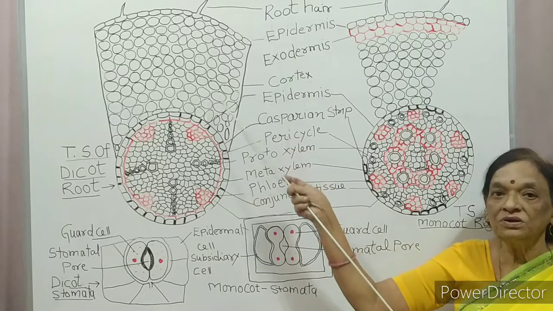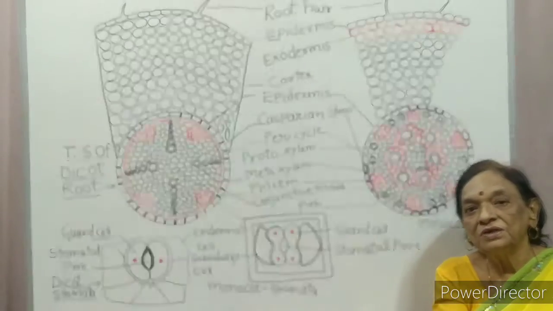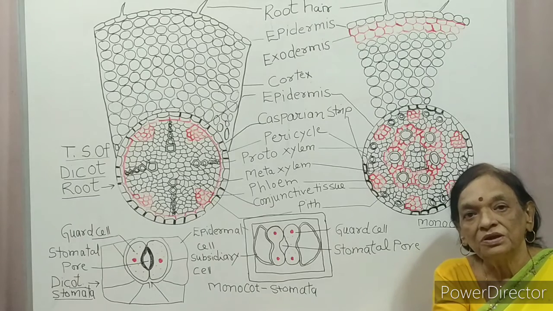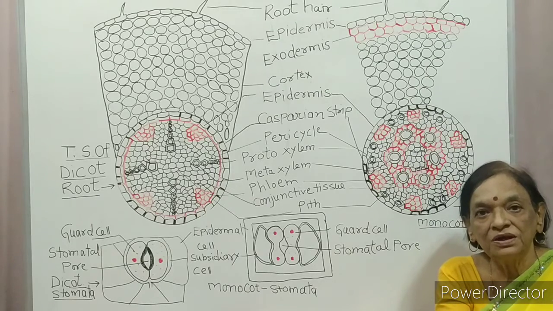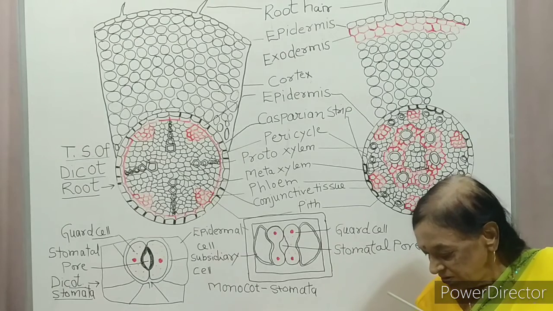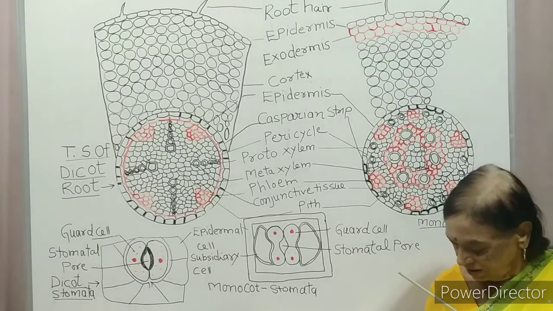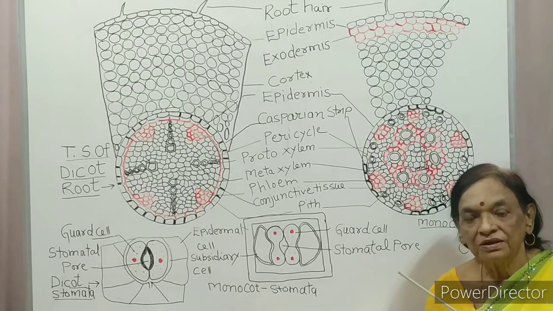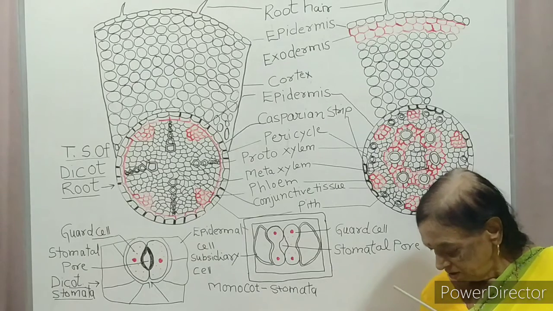This is the ground tissue system of the root. This ground tissue system is also called matrix and it supports the major organ. This ground tissue in leaf is green in color, containing chloroplast. It is called the mesophyll.